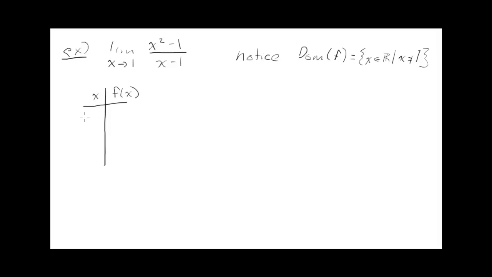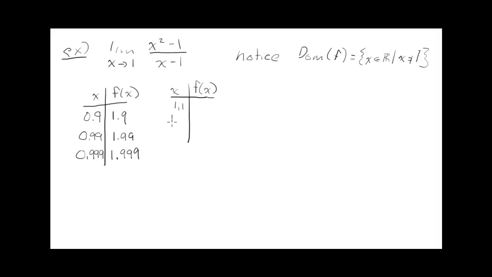Same way we did it before. You take a number like 0.9, 0.99, 0.999, and if you put that into f, you're going to notice this one's 1.9, 1.99. You can confirm this with your calculator. That pattern continues, and you might say, okay, that looks like it's going to 2. Let's try numbers of x above 1 this time, closer to 1 but above.